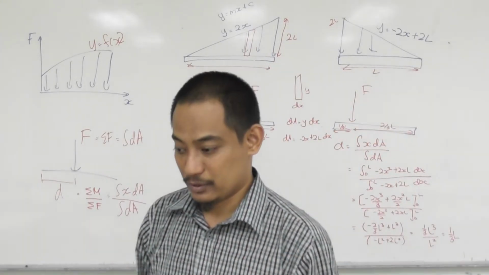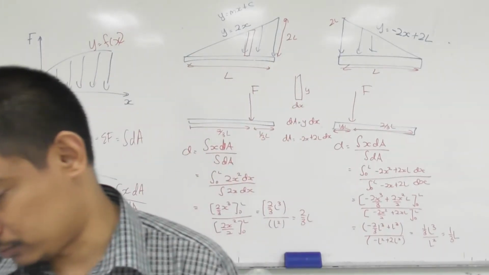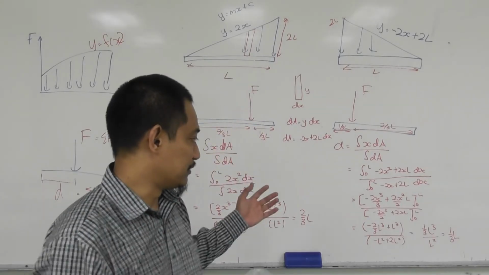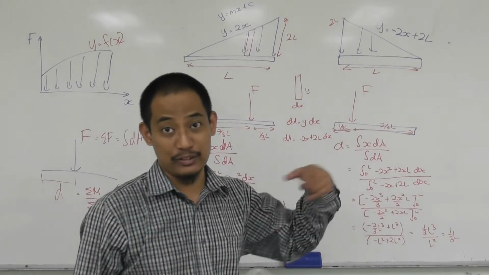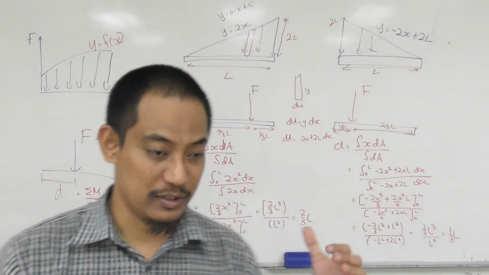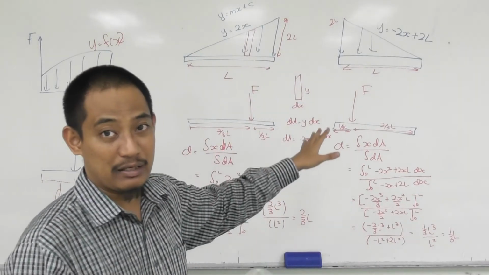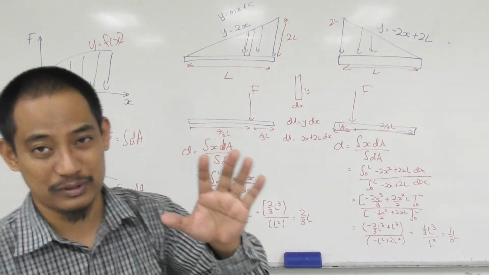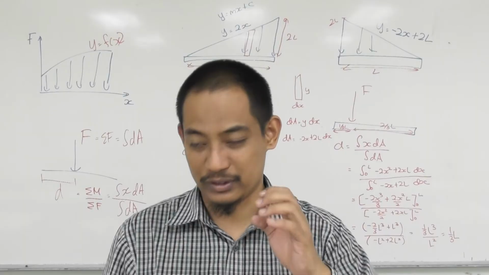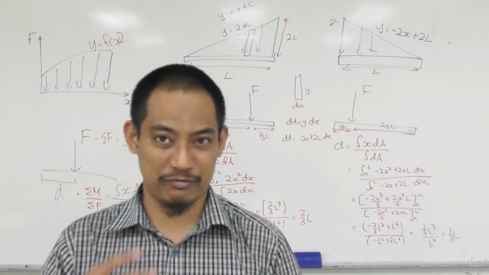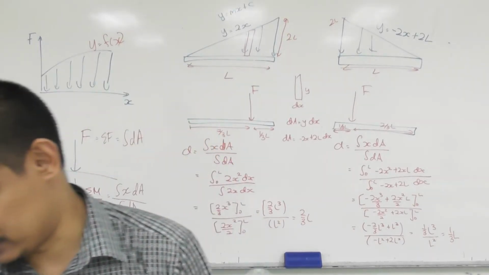You don't need to actually derive and integrate for this particular chapter, but I'm showing you anyway because you will need this understanding for chapter 8, chapter 9, chapter 10, because you will be dealing with integration then. So it's good to refresh now and become familiar with this.